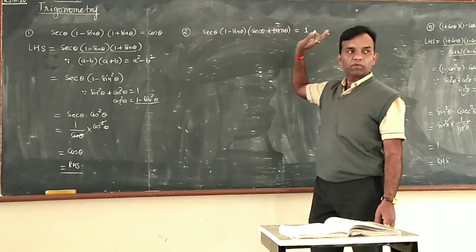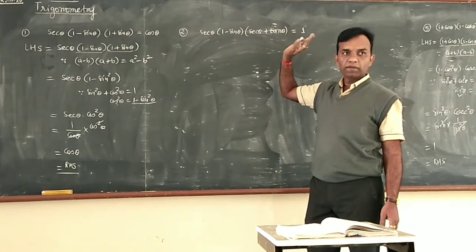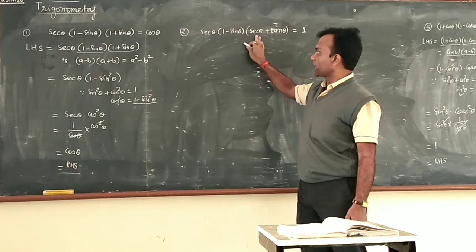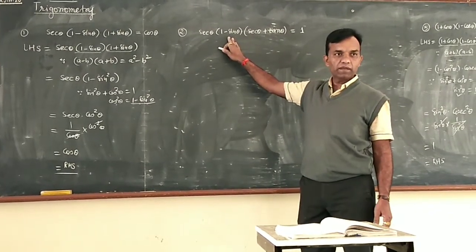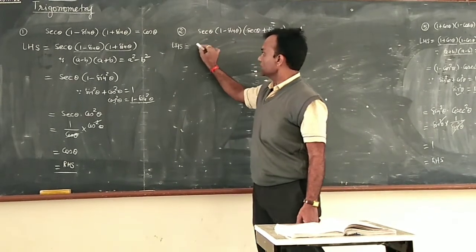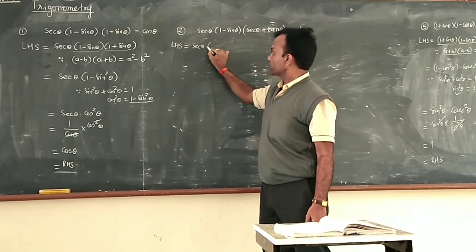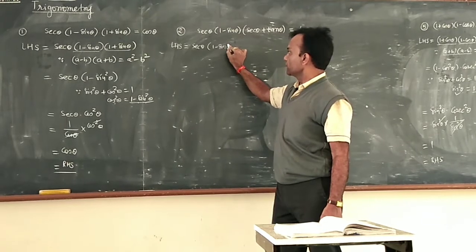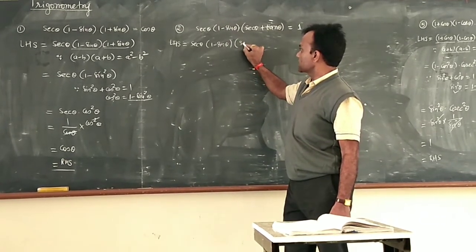How is the result 1? First, the brackets are not the same, so you are not using the identity directly. First you write down the LHS part: sec theta into 1 minus sin theta into sec theta plus tan theta.